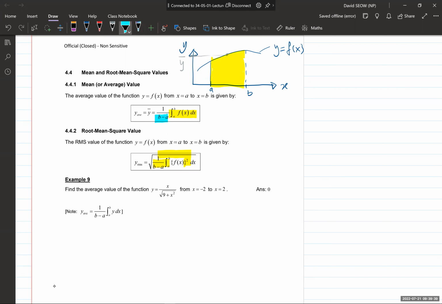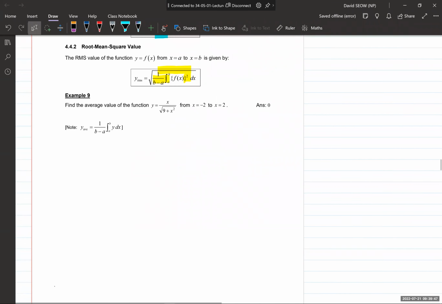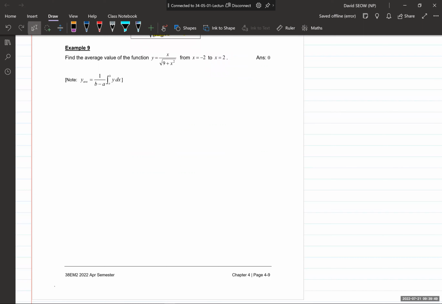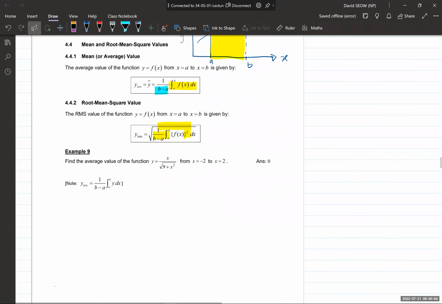Then I'll get the average. So that's what it means. Applying this formula, we just apply it now. Any questions before I continue? Basically I'm finding the average: I sum everything up and then I divide.